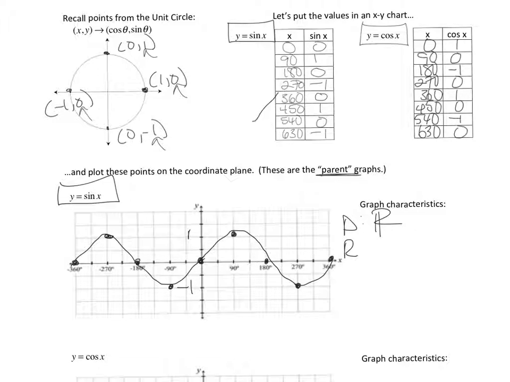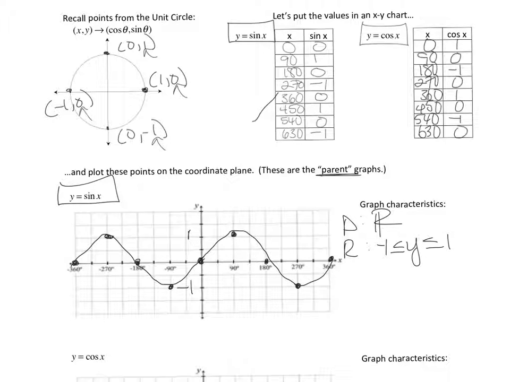The range, if you look at your high points, are at 1. The low points are at negative 1. So our range has y values less than or equal to 1, greater than or equal to negative 1.